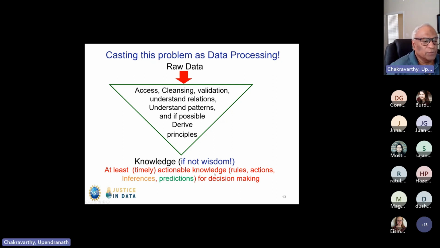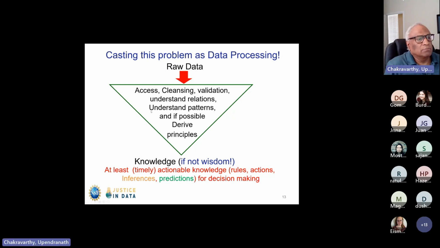It may be in the form of rules, actions, inferences, predictions, and you want to make decisions out of it. The reason it has been shown as an inverted triangle is that you are reducing vast amounts of raw data into consumable data. That is the key for what we do as part of data analytics.